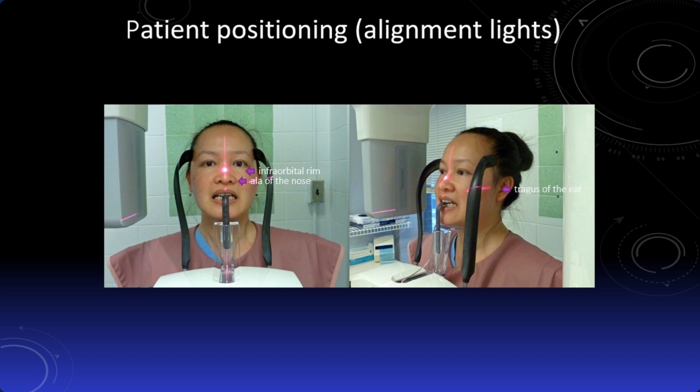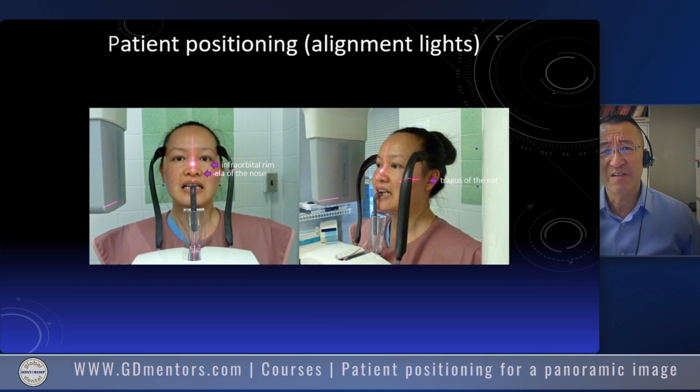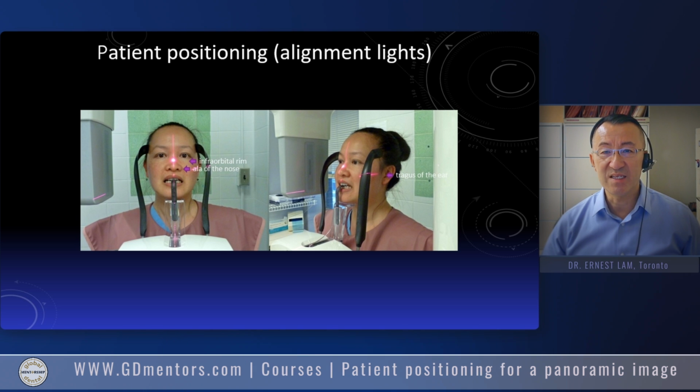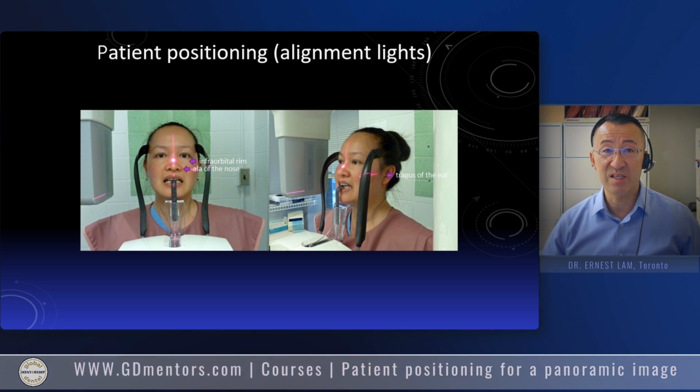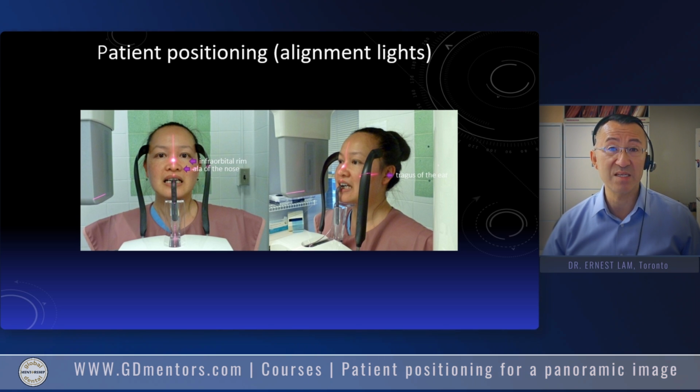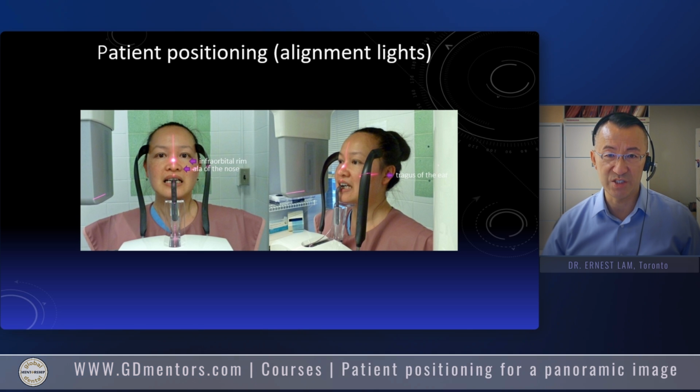Others use a different line which connects the tragus of the ear to the ala of the nose. That second line tends to tip the chin up, and it tends to create a flatter occlusal plane on the panoramic image. Different imaging systems will recommend different horizontal alignments, and really this is a discussion that you can have with your vendor in order to determine the best horizontal alignment strategy.